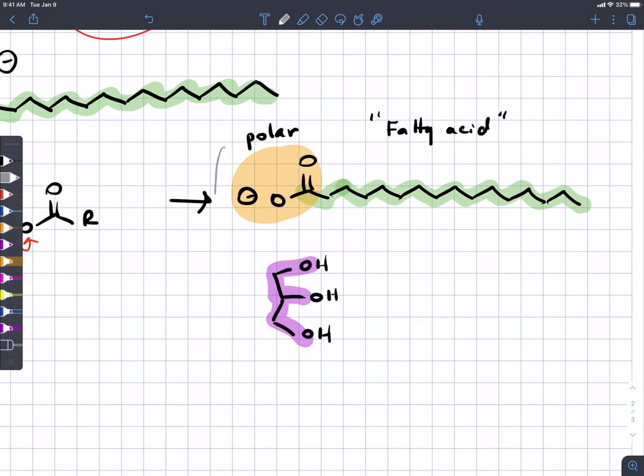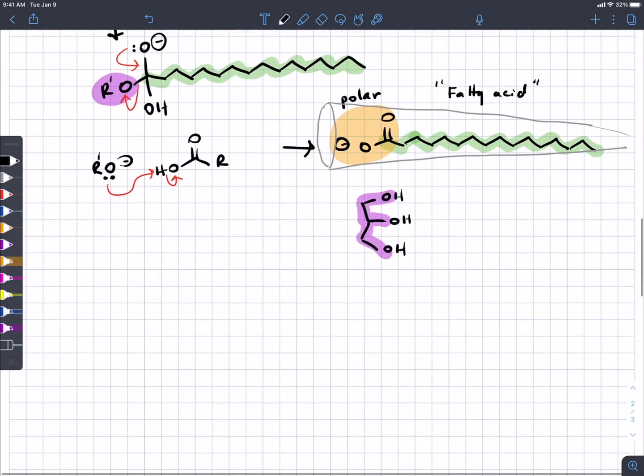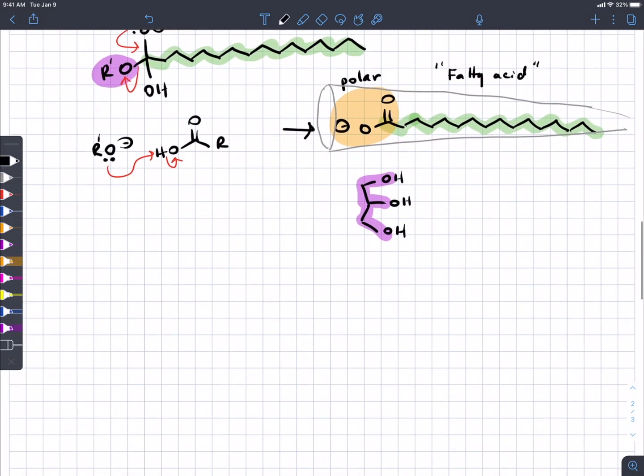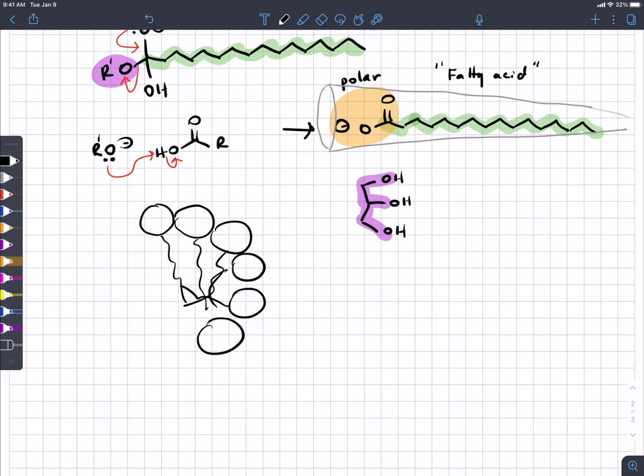Now, the shape of this molecule, if you think about it, is kind of conical, right? And so these molecules in the presence of water self-assemble in order to sequester the non-polar tails from water.